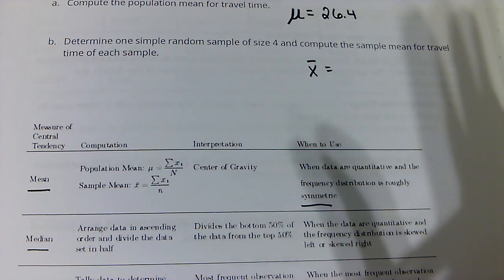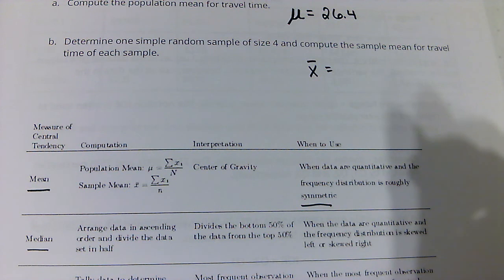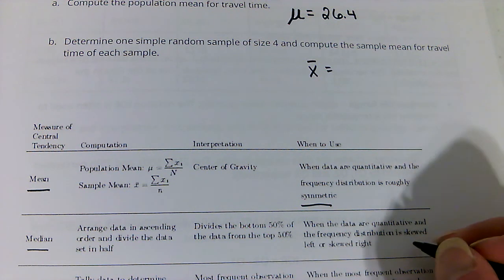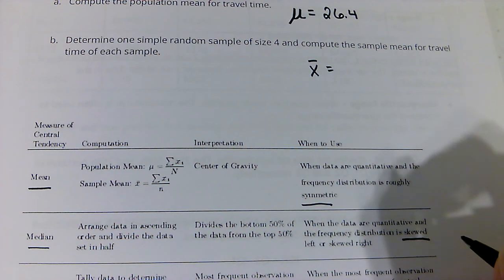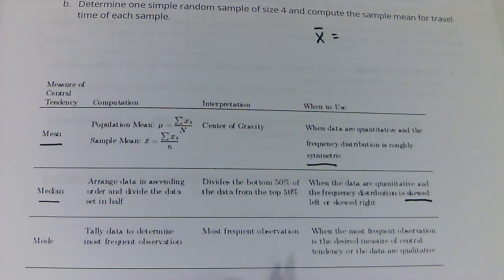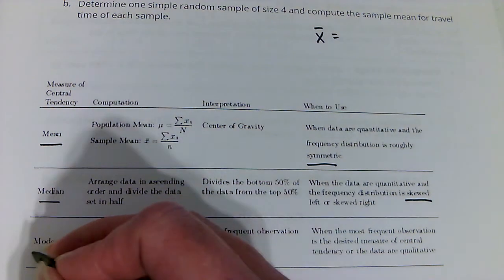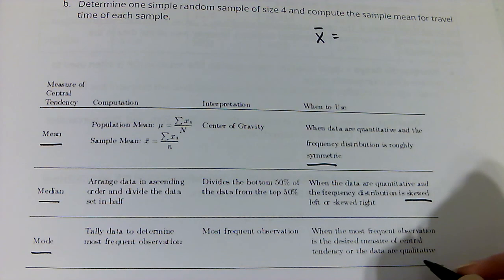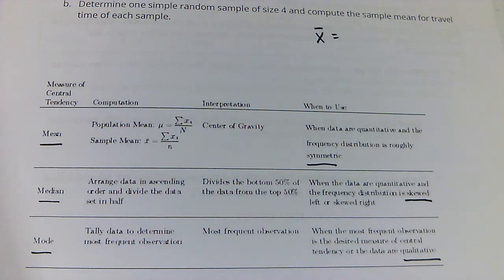That's literally dividing the bottom half from the top half. And we're going to use this when we're really skewed. Okay, so if we're skewed, that's when we use median. Mode is mainly used when we're qualitative, because you're just looking at how many you have that are total.